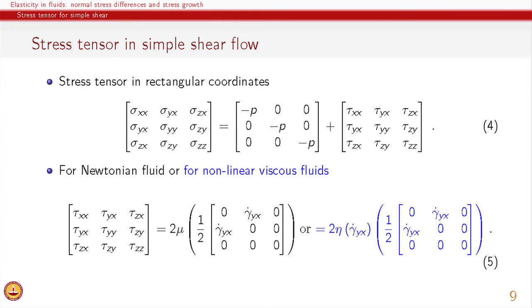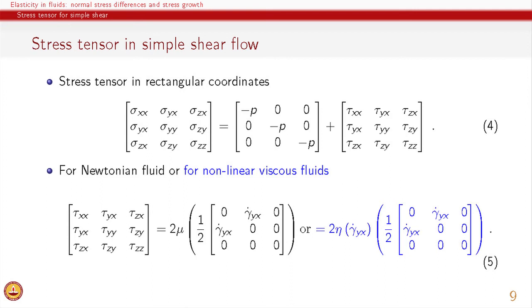And by the way, the same is the case for a non-linear viscous fluid also. In case of a non-linear viscous fluid, for example, the Carreau-Yasuda model or the power law fluids that we saw, the viscosity can be a function of the strain rate that is being applied, and the overall dependence of stress on the strain rate tensor is again similar to what is there in the Newtonian fluid case.